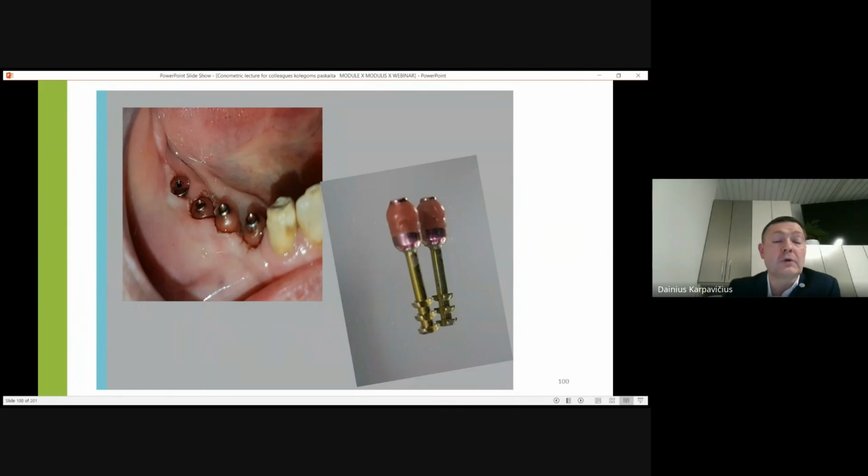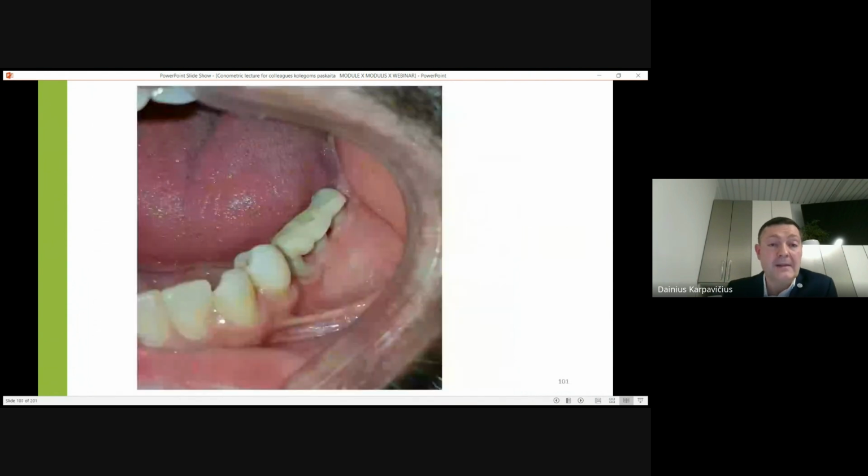This is our old solutions previously, when we didn't have individualized zirconia abutments. We made something from composite. We put composite on conometric cap. We put on top of abutment the conometric cap with composite, to prepare our soft tissue bed.